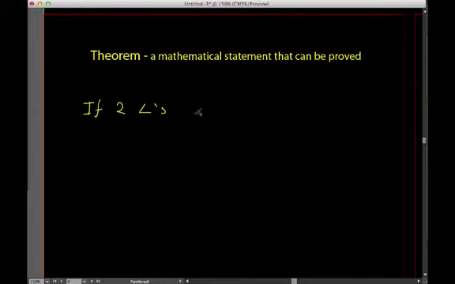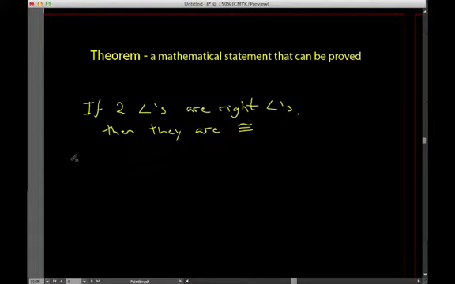If two angles are right angles, then they are congruent. And then I'm just going to put the congruent sign right here instead of writing out congruent. All right, so if two angles are right angles, then they are congruent.